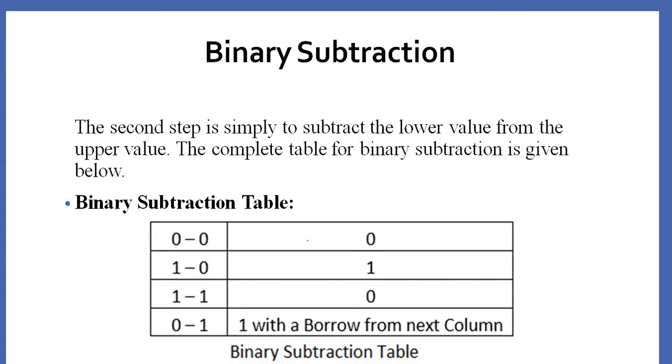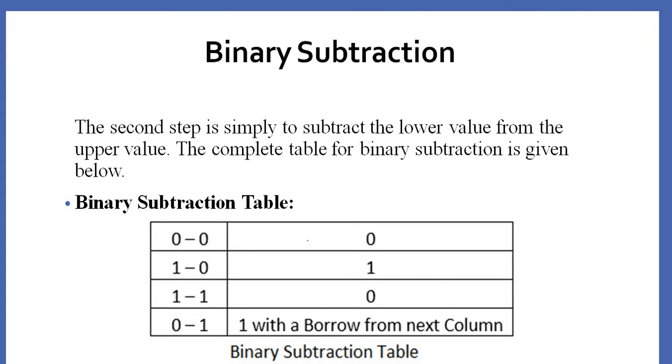The second step is simply to subtract the lower value from the upper value. Here the binary subtraction table is given. 0 minus 0 is 0. 1 minus 0 is 1, where 1 is the upper value and 0 is the lower value. 1 minus 1 is 0.